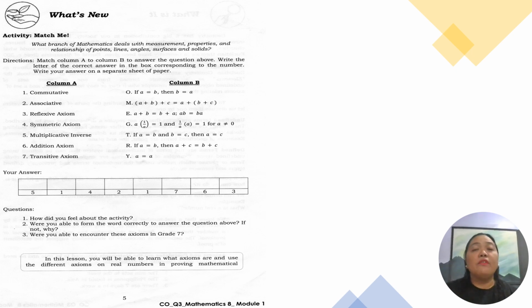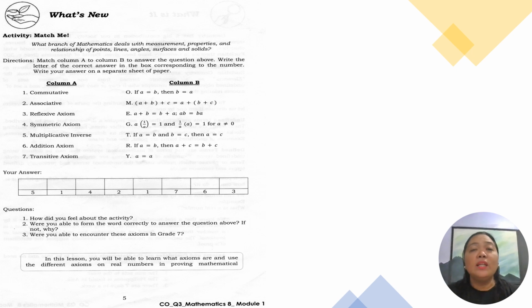On page 5 of your module, what's new? In this page, you will have another activity and it's titled Match Me. You need to answer the question, what branch of mathematics deals with measurement, properties, and relationships of points, lines, angles, surfaces, and solids?